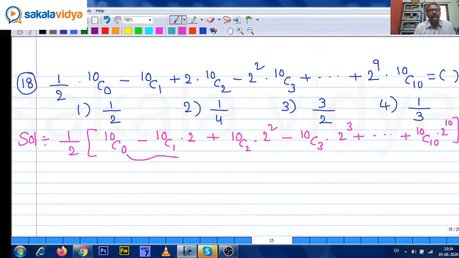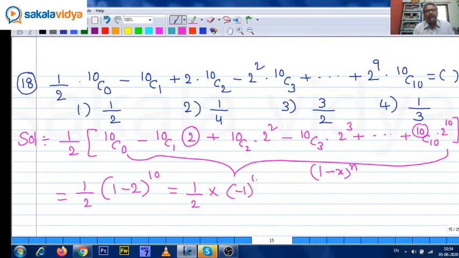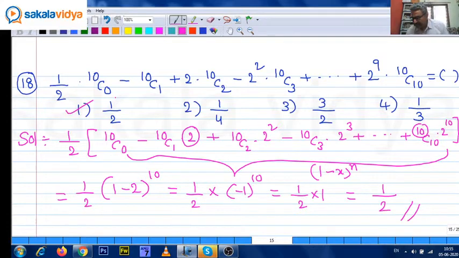This seems to be the expansion of 1 minus x whole to the power of n. Here n stands for 10 and x means 2. So we can write now half times (1 minus 2) whole to the power of 10. 1 by 2 times minus 1 to the power of even. Minus 1 to the power of odd is minus 1, minus 1 to the power of even is plus 1. So 1 by 2 times 1, so 1 upon 2. First option is the right option.